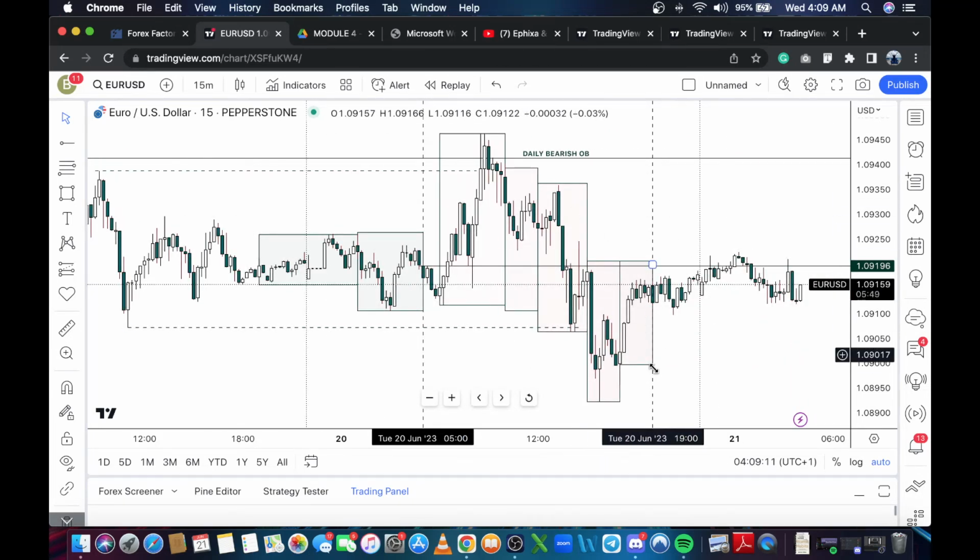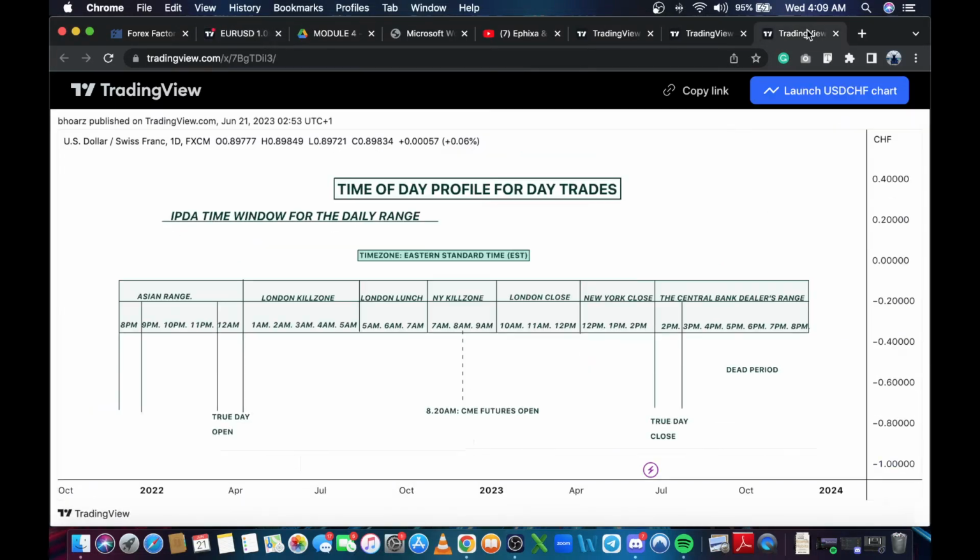After New York close, that's where your central bank dealer stream starts, which is this one, or what we call the dead period. That's the dead period where the market literally does nothing. Just know this is only for black swan events. The only time I've seen real expansion during this dead period is when there were black swan events, and that's where the market would expand like 400 pips overnight or 500 pips overnight, and that can really be scary.